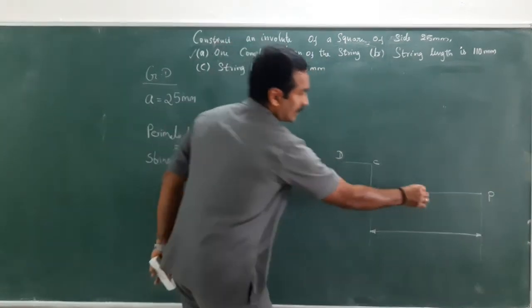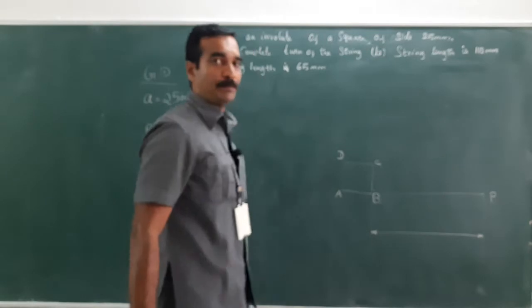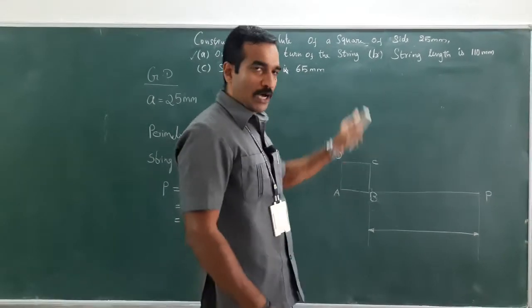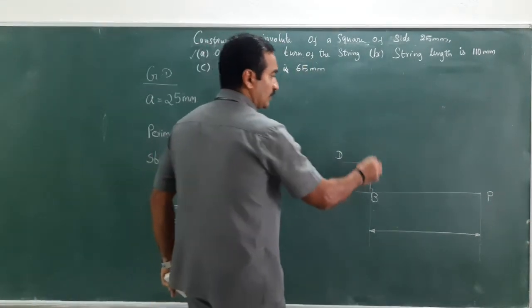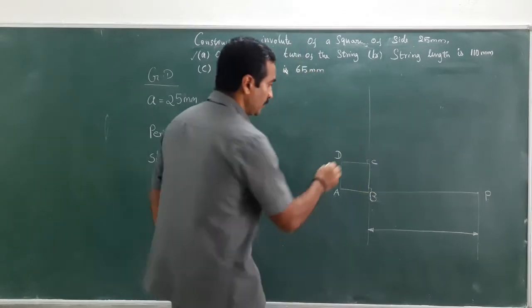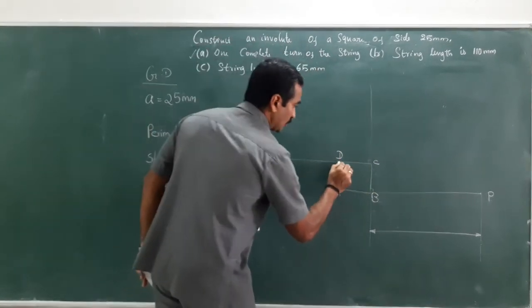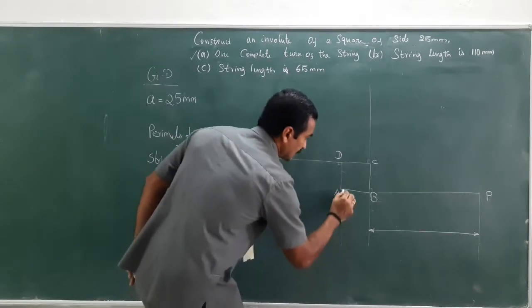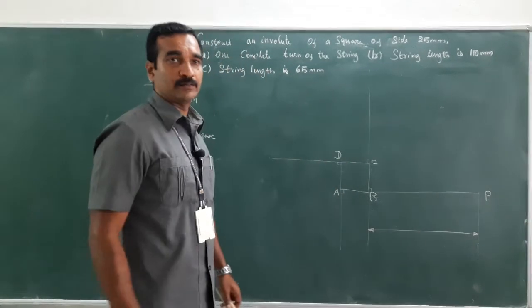This line is perpendicular to B. Similarly, we have to draw perpendicular lines at all the points. This line is perpendicular to C, this line is perpendicular to D, and this line is perpendicular to A.